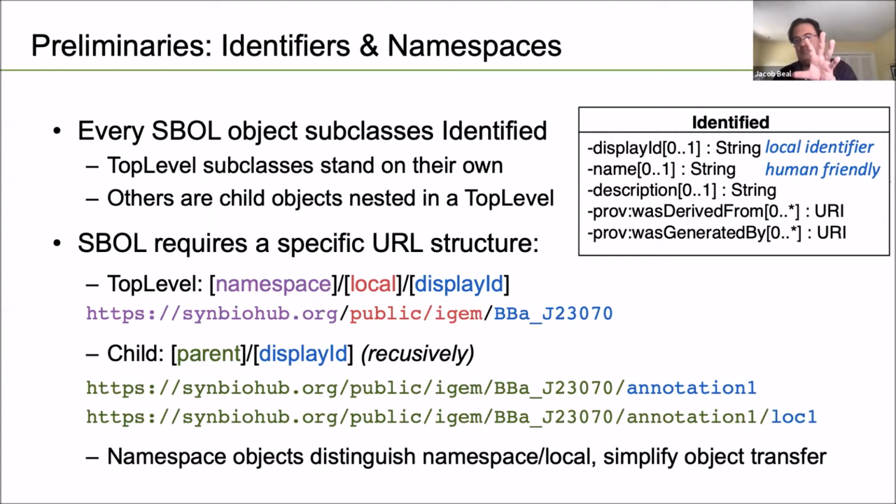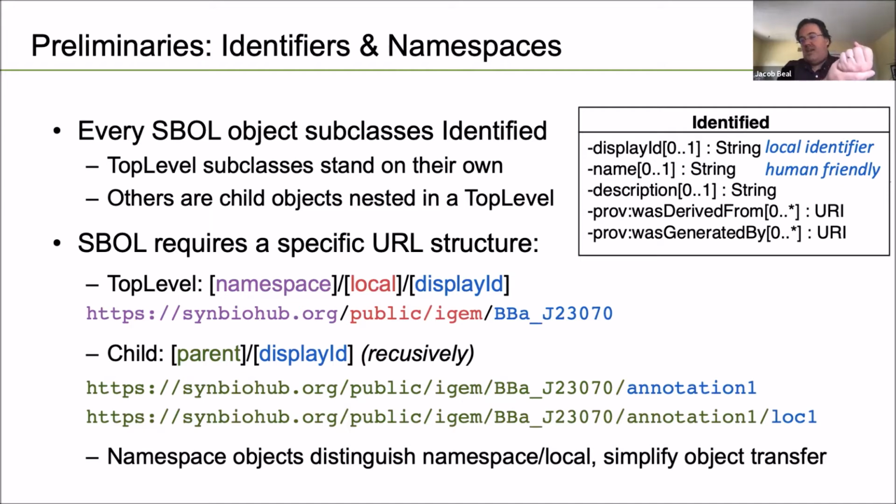So in this case, because there is an SBOL converted version of the entire iGEM registry on SynBioHub, this namespace of synbiohub.org gives me enough information that I can connect to that with one of the libraries, and I can ask synbiohub.org, give me a copy of BBA J23070.